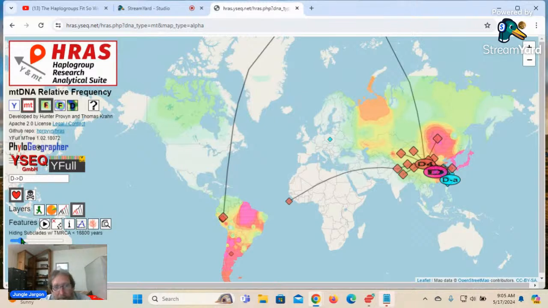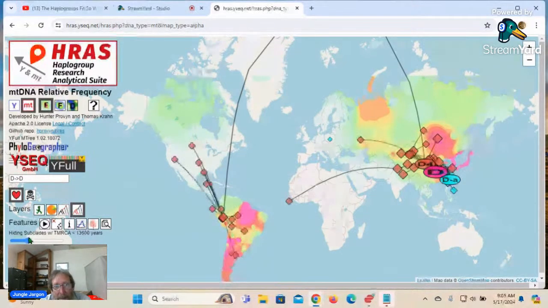Well, this is in the mountains, but still, it's there. Like I said, they hop around. The maternal lineage hops around a little bit more than the other ones, and we have this exact same pattern. We have the exact same spread from Central America as before, as the other three.